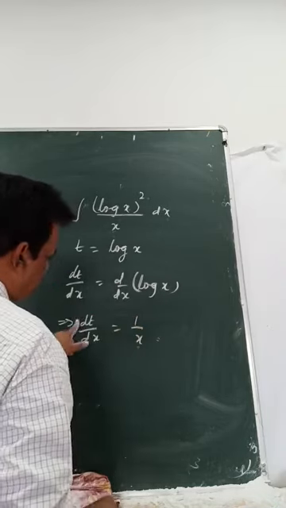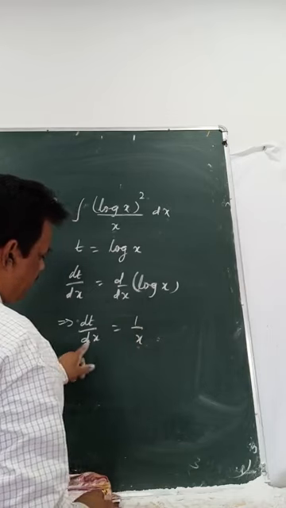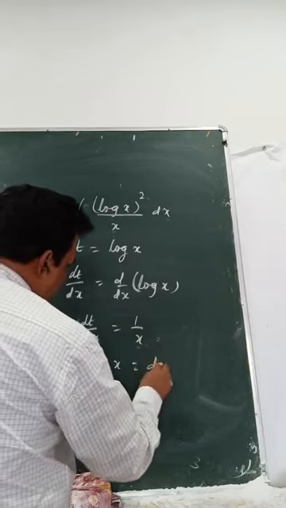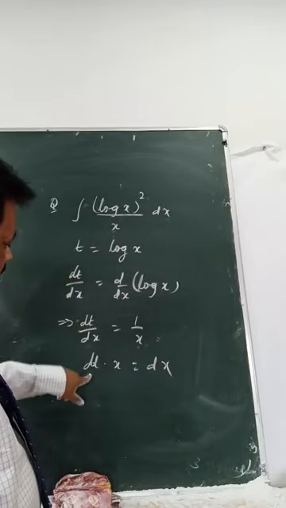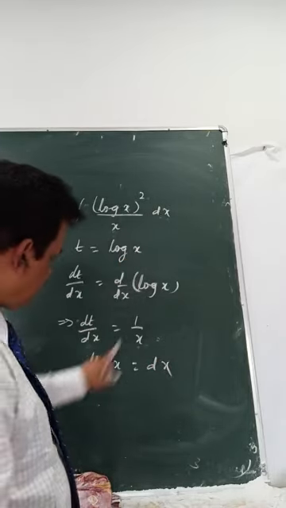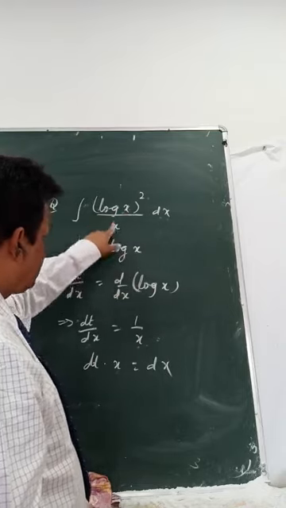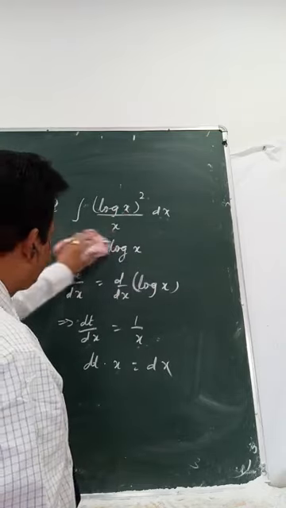So do a cross multiplication because you will find dt into x equals to dx. Why? Because in place of dx I will write this value, log x I will write t, and this will get cancelled.